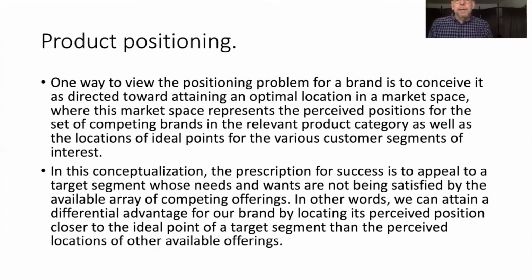The keyword of positioning is differentiation. When we conduct a perceptual map, we are finding the most important choice criteria for the customer. What are the most important elements for the customer when choosing our products or the competitor products?